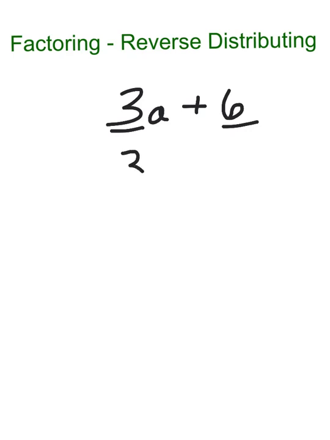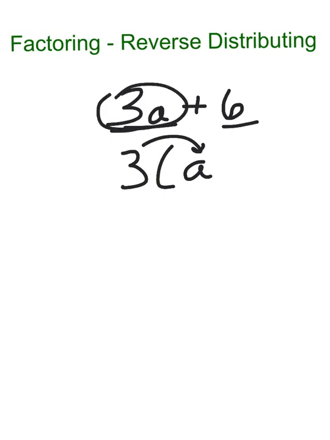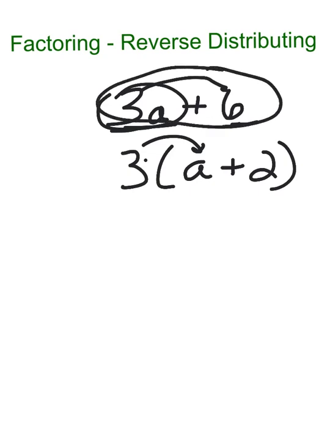I take the 3 out, and this would be 3 times a, which would give me 3a. Then I have to have the addition, and to get this 6, 3 times what is 6? It's 2. So I get 3 times the quantity of a plus 2. Remember, no space means multiplication. So in other words, I've taken this one and made it smaller, essentially.